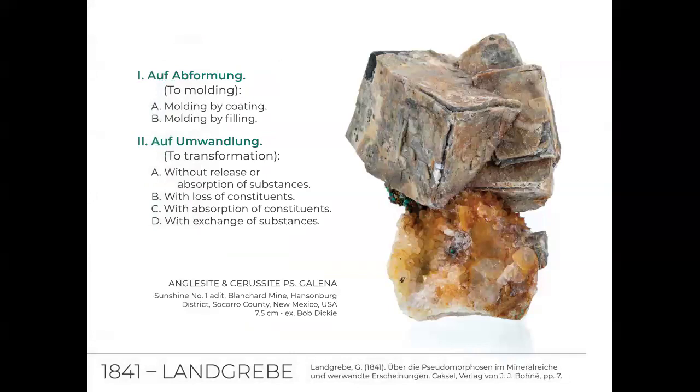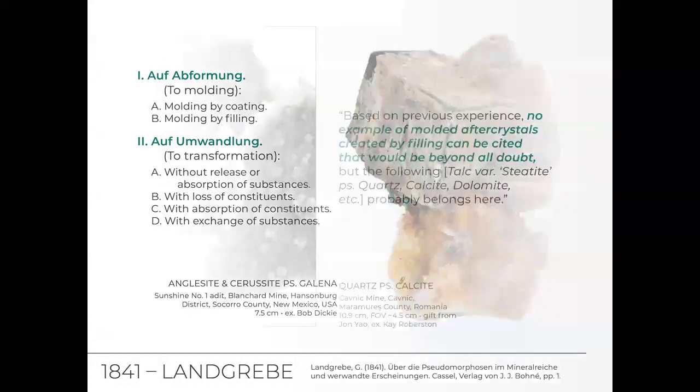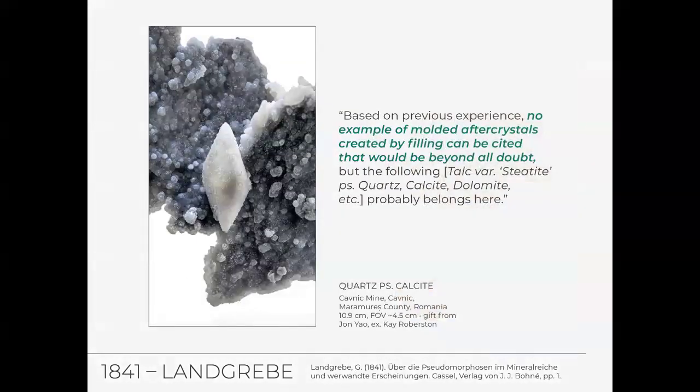Landgrebe divides pseudomorphs into molding, grouping, incrustation, and infilling together, and transformation, which all have some chemical relationship. Those without release or absorption of substances occur strictly between dimorphic minerals, so these are what we call paramorphs now. He is also skeptical of infilling pseudomorphs and suggests that probably that's what the steatite pseudomorphs are.